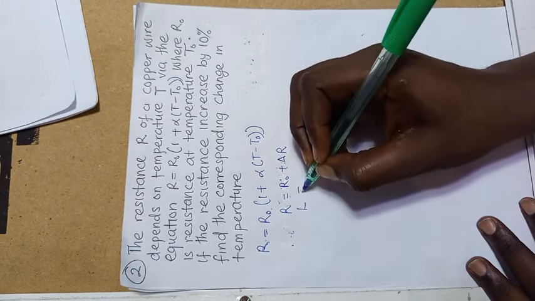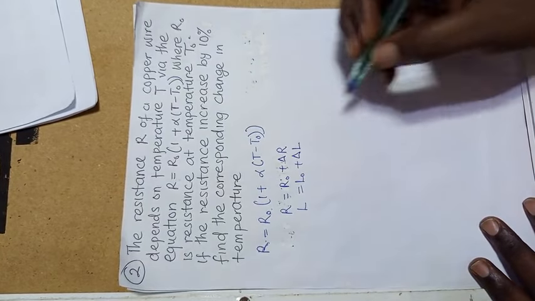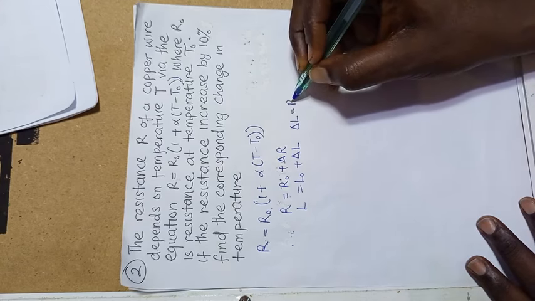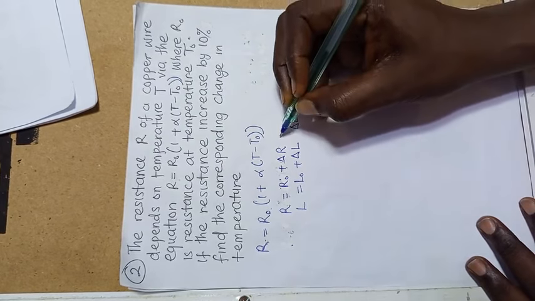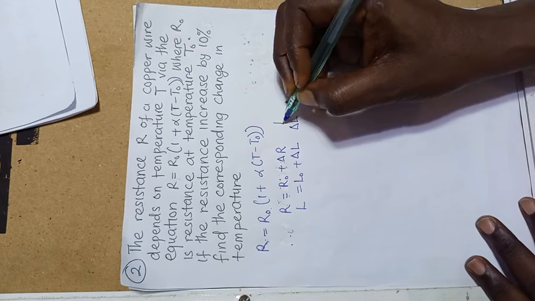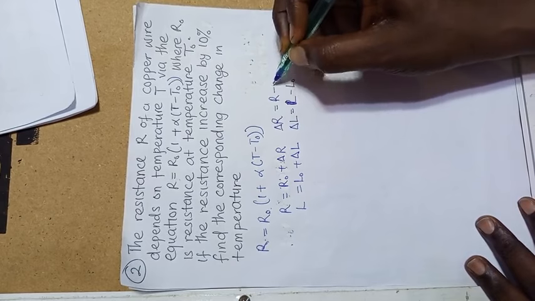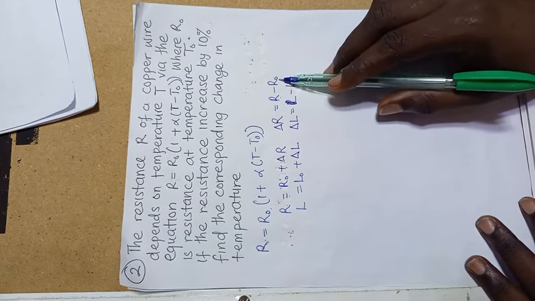Recall that L equals L naught plus change in L, because change in L equals L final minus L initial. Similarly, change in R will be R minus R naught, that means final resistance minus initial resistance.